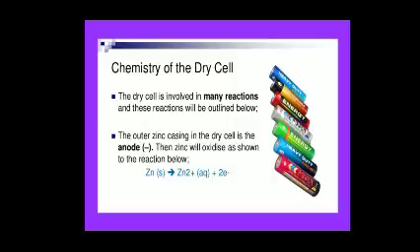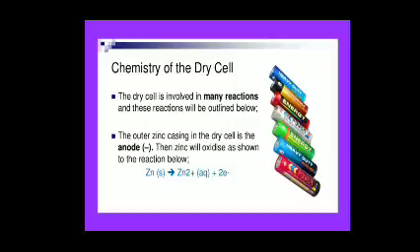This anode undergoes oxidation. Therefore, solid zinc turns to Zn2+ aqueous plus 2 electrons. Those electrons move from the anode to the cathode.